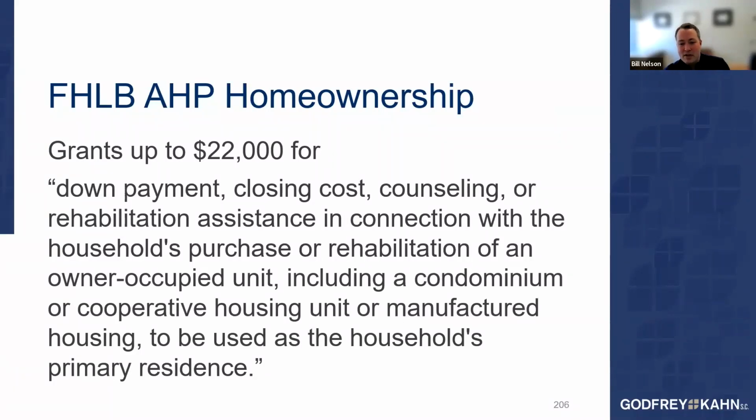So each of the 11 regional federal home loan banks can design its own homeownership set-aside program in the way that it deems most effective within the framework of these regulations. And it's important to note that the maximum grant for these is $22,000, and permissible uses are down payments, closing costs, counseling, credit rehabbing of the actual premises.